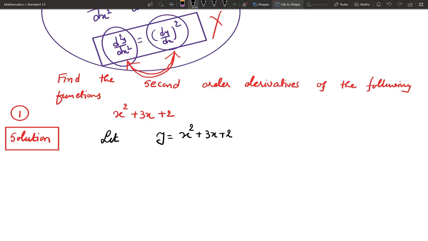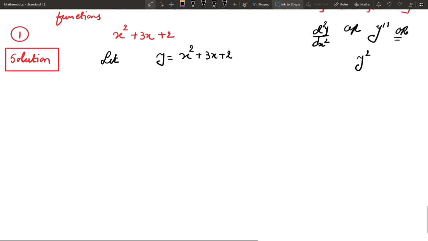Now we have to obtain d2y by dx2, or you can also denote it by y double dash, or y2. The second order derivative is nothing but first obtaining the first order derivative and then again differentiating the same thing with respect to x.